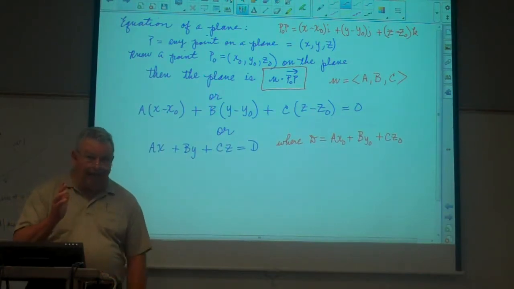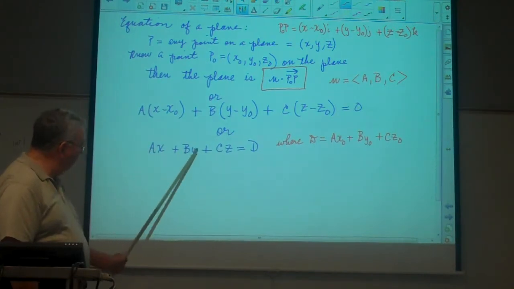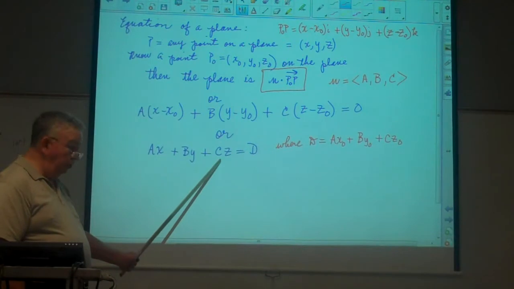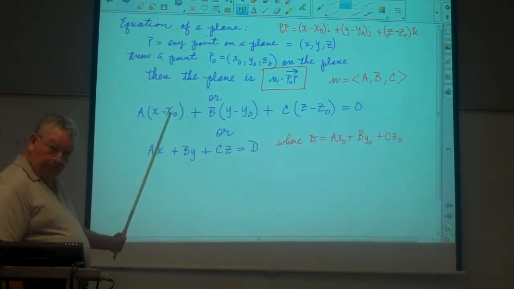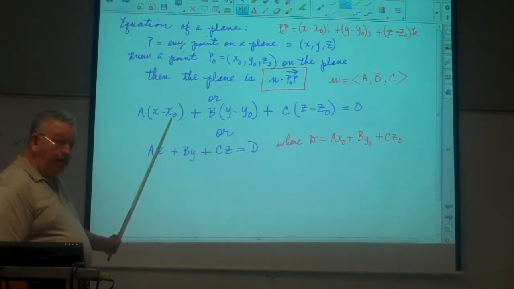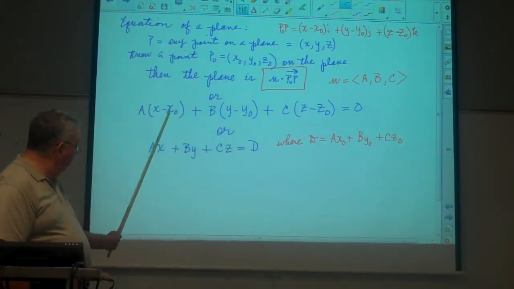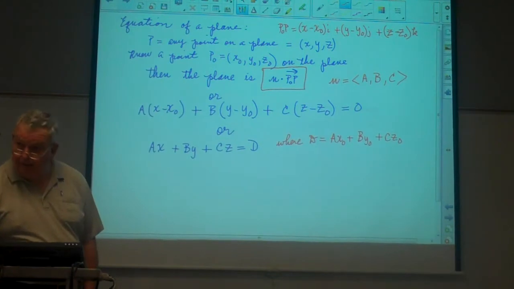So do you see how easy this is? You just pick these right off the normal vector, right? And then what you do is you do the given point on the plane, and you multiply it by the normal vector scalar and add them together.